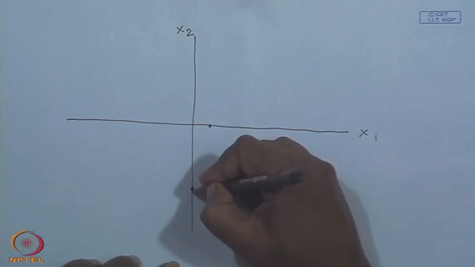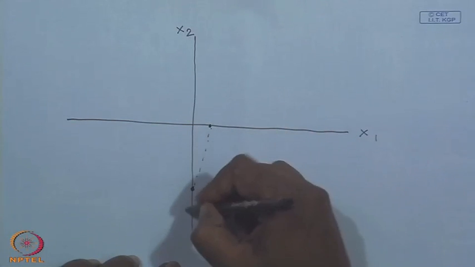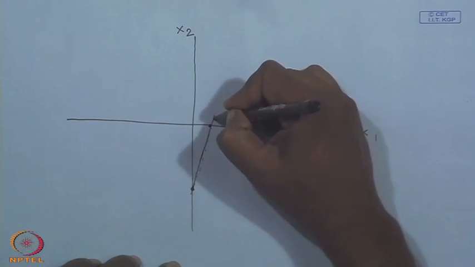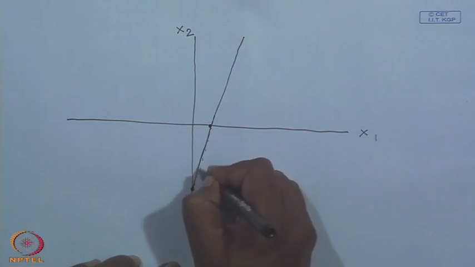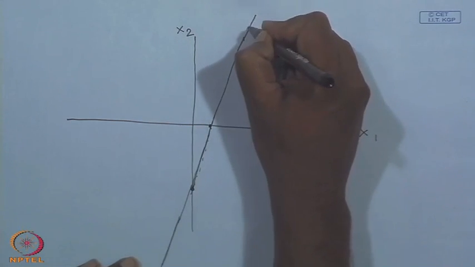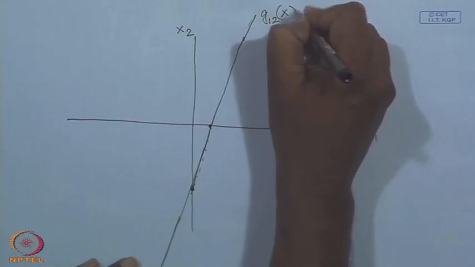So, I have this g12(x) given by this line.